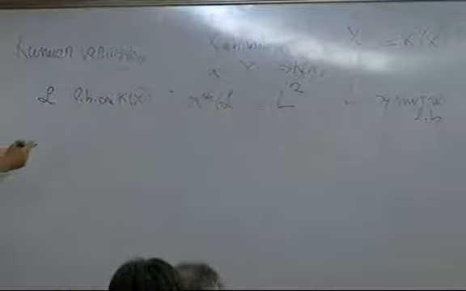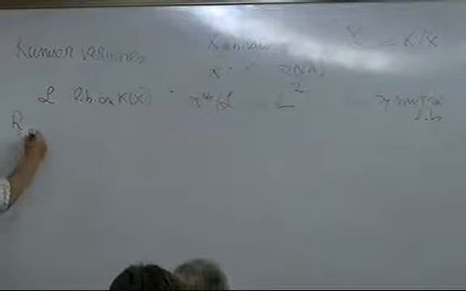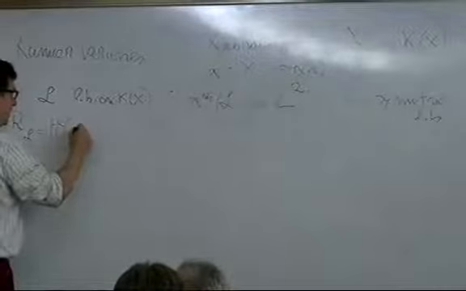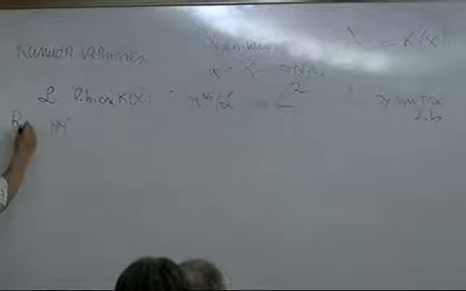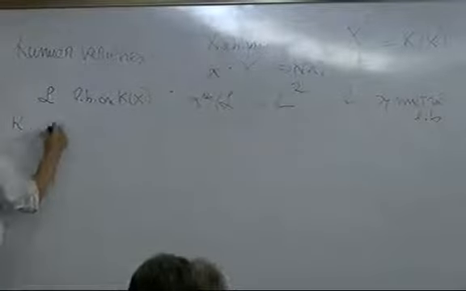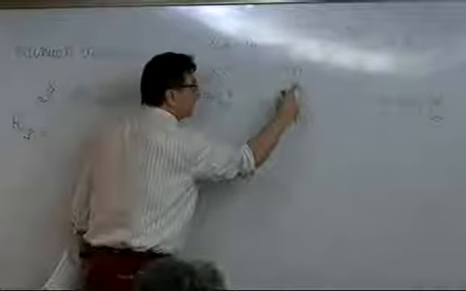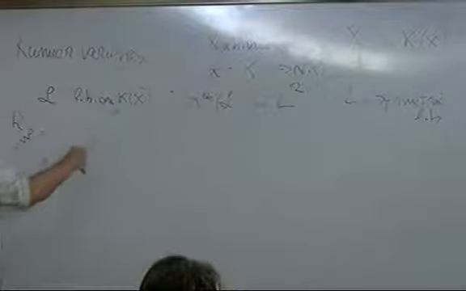So then what happens is that the ring of sections is identified with the invariant sections of this line bundle, the L squared.